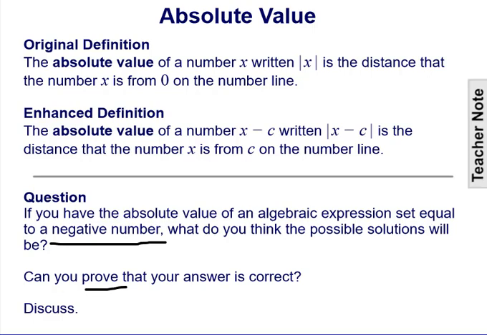Hopefully you're as confused or as puzzled as I was even asking the question, because if you think about it, the absolute value is that distance that a number is from C, and distance can never be negative. So you can't set absolute value to a negative number. It's not possible. You shouldn't be able to think of any solutions. Just remember about distance, and then it will come to you and you'll be set straight.